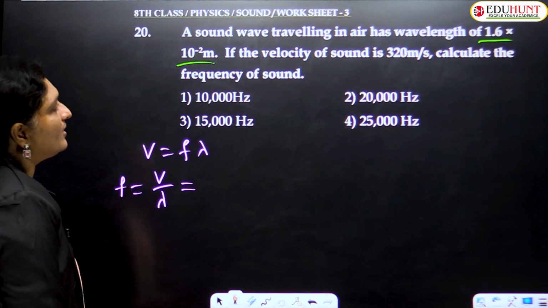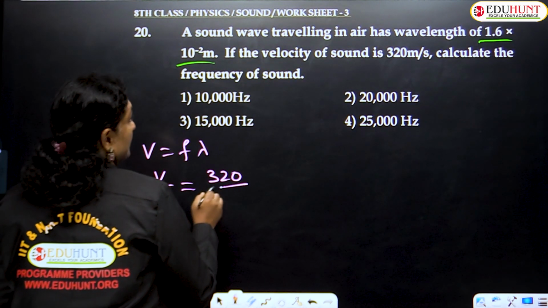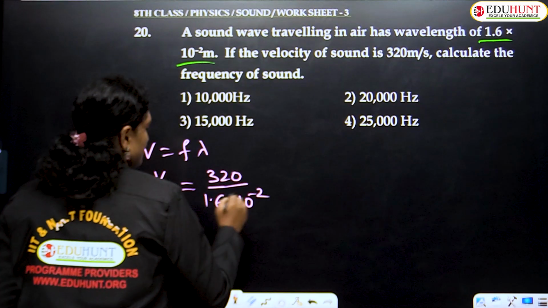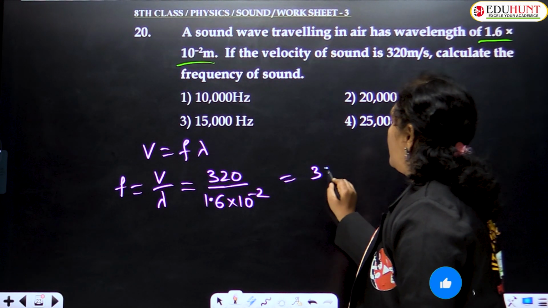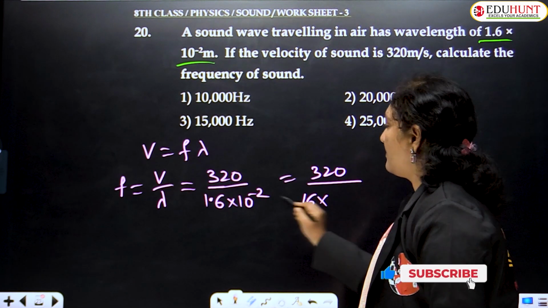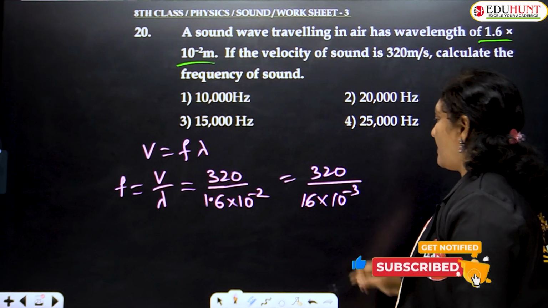What is the value of V? 320 meter per second upon lambda, which is 1.6 into 10 power minus 2 meters. Simplifying this, we have 320 upon, let us remove this decimal for easiness. If the decimal is removed, this is increased by 1, then 10 power minus 3.